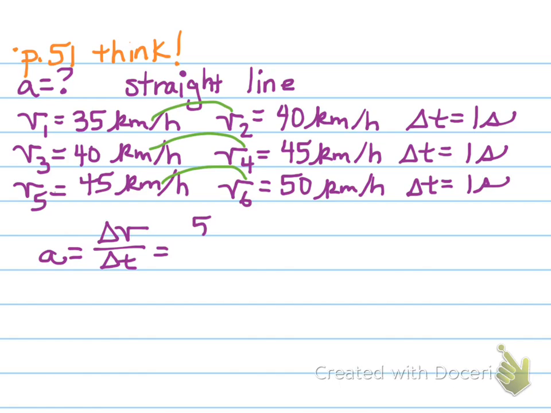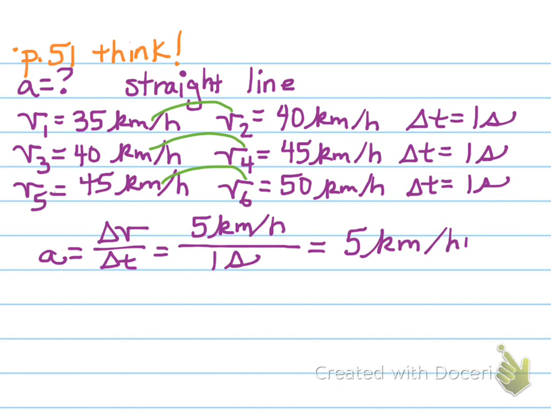So our change of velocity is 5 kilometers per hour. Each time the time interval is 1 second. So that gives us an acceleration of 5 kilometers per hour per second. So that is that page 51 think question.